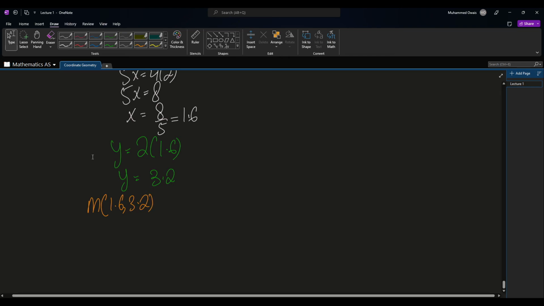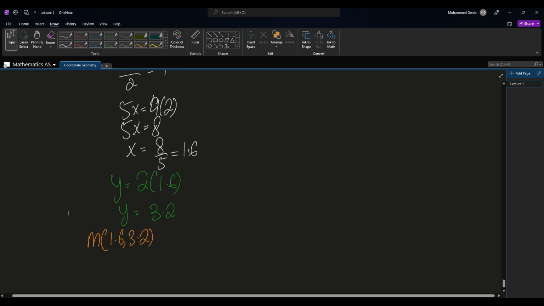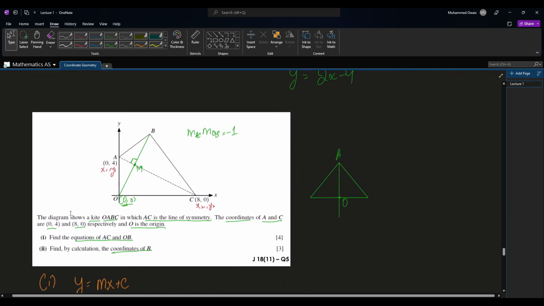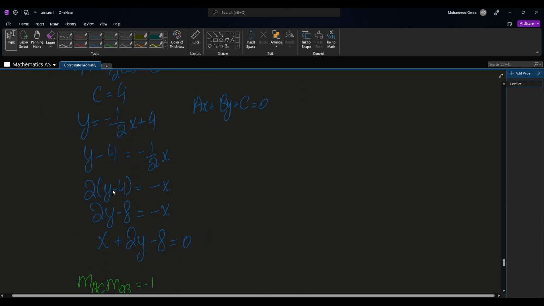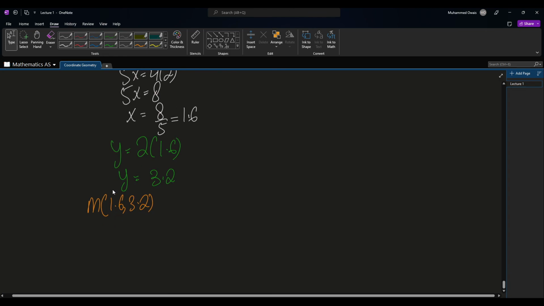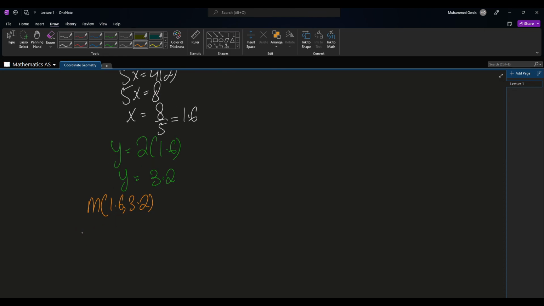Now then, how am I supposed to use this M coordinate to find the B? Alright, as I already told you, it is symmetrical. So if I say that the distance OM is the same as the distance MB, you will agree with me. So how am I supposed to use the formula of midpoint? Let us write the formula of midpoint first.